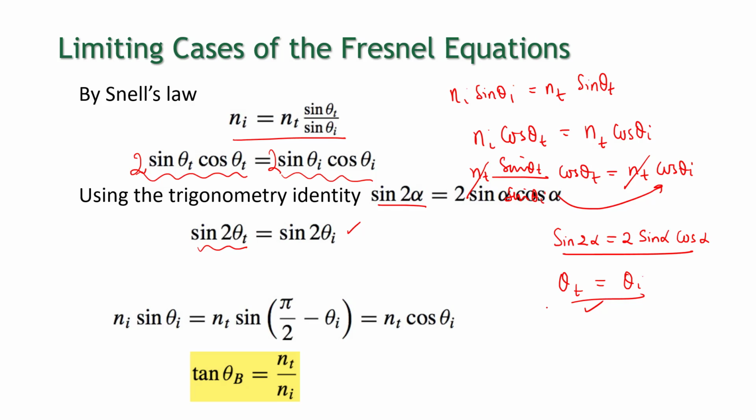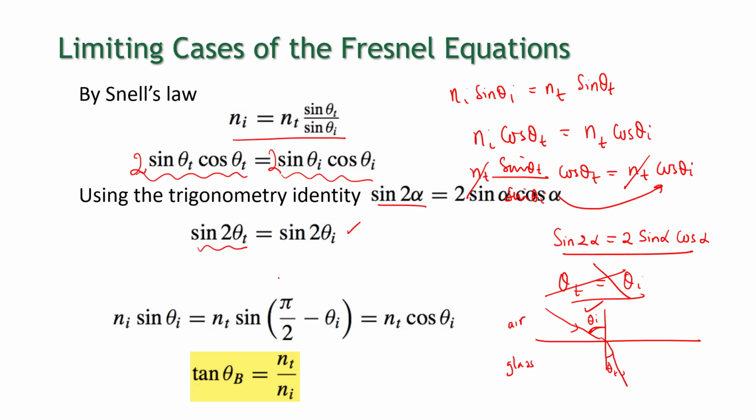When the light is going from a less dense medium to a denser medium, from air to glass, we know that light is bent towards the normal. So this angle, theta i, cannot be equal to theta t, right? That cannot be true. That means we need to do something else.